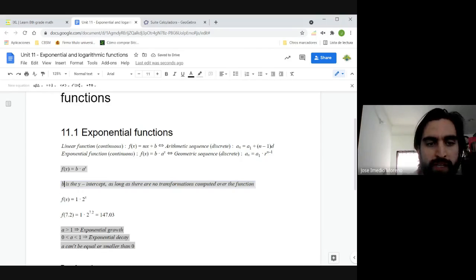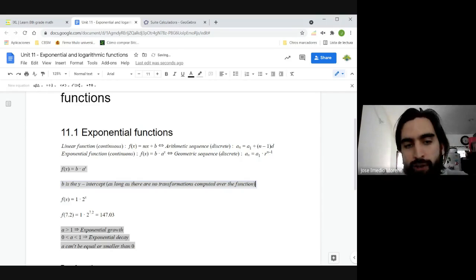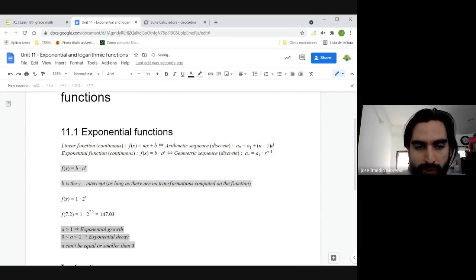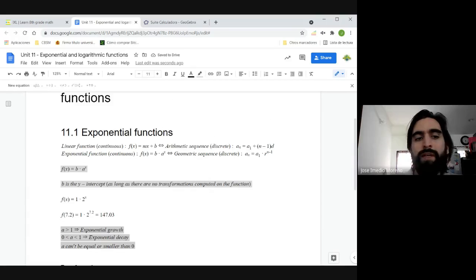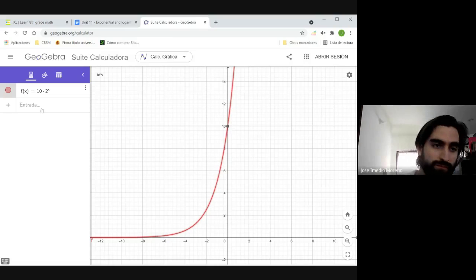Okay, so b is the y-intercept, as long as there are no transformations computed on the function. I will explain transformation a little bit later, okay? But let's start with that concept, that b is the y-intercept. So if there are no transformations, this is going to be the point where the function crosses the y-axis.